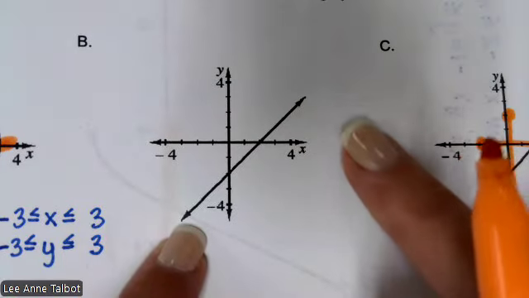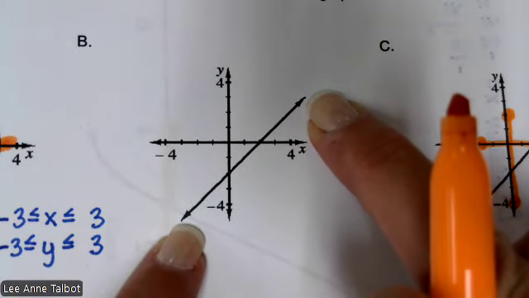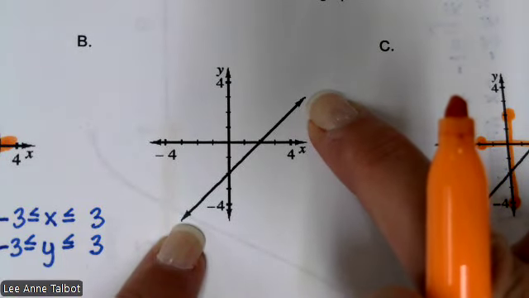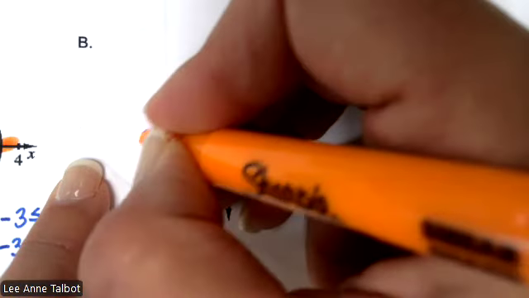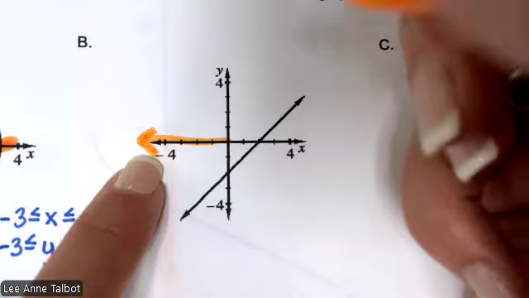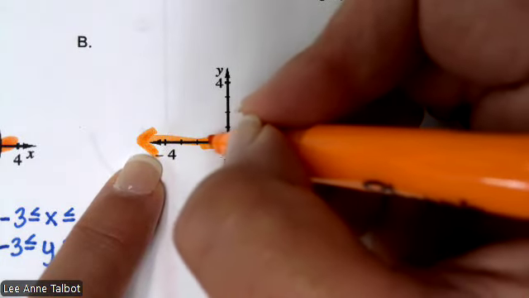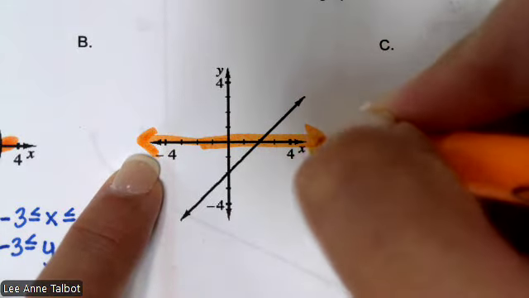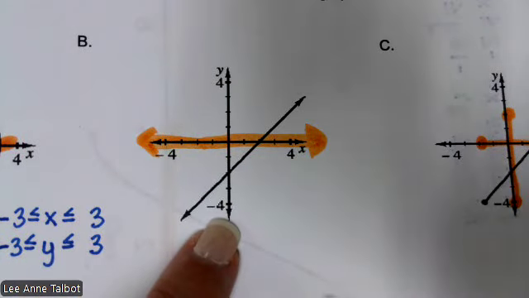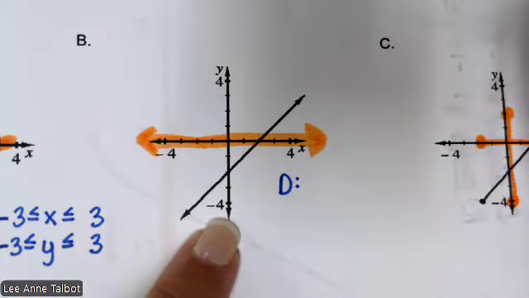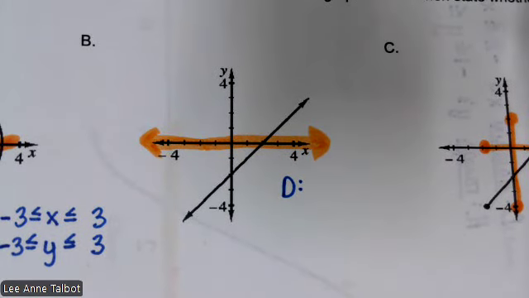I don't know why they put them in this order, by the way. Okay, do you see these arrows on the end? They indicate that it goes on forever. So for this one, it goes forever to the left and make an arrow like this. And it covers everything in the middle and it goes forever to the right. Do you guys see that the whole x-axis is covered?